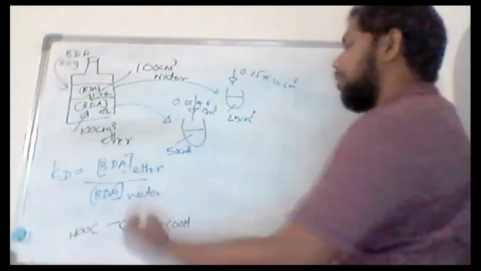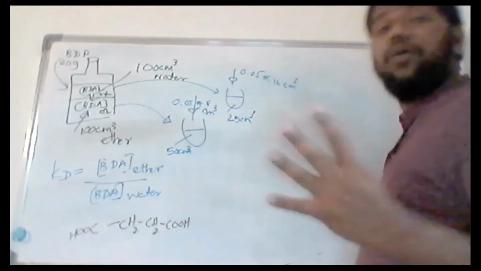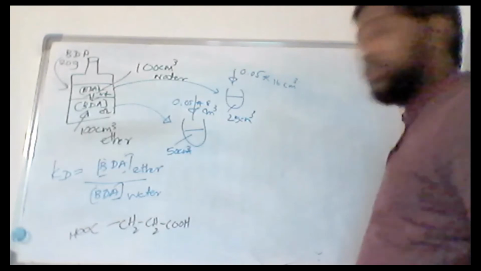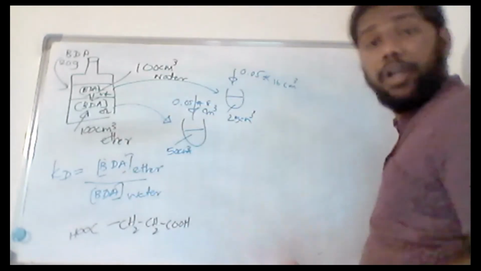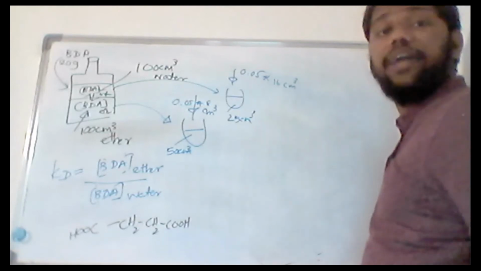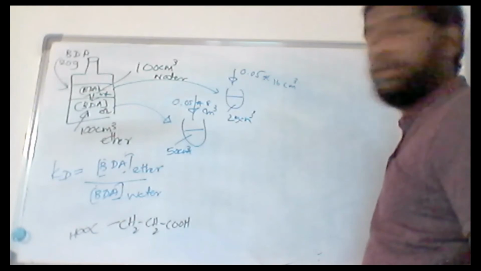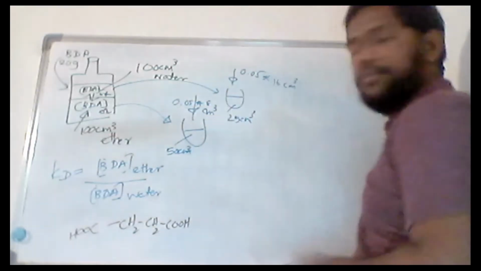In fact, this is an organic compound, but there are only 4 carbon atoms with 2 carboxylic acids. So this compound dissolves more in water than ether. Try to identify that.